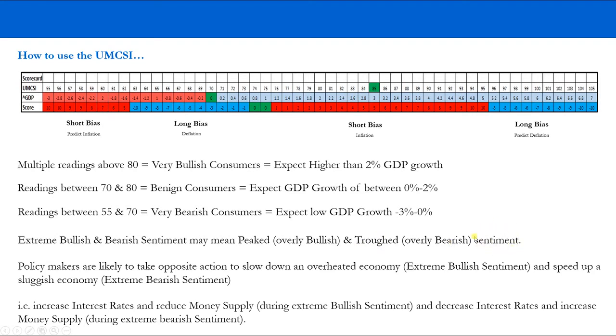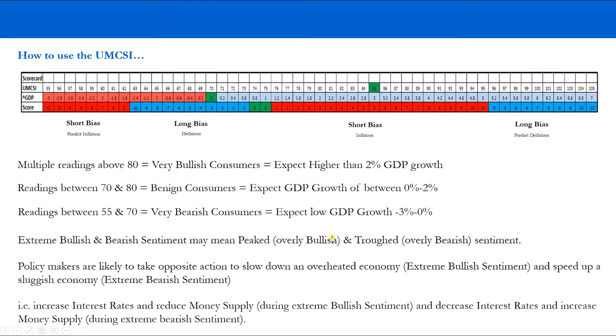So sentiment from consumers being overly bullish or overly bearish. And this is a good example of how you've got to think differently in the extremes. So similar to the way the ISM and the NMI works. Policymakers in the future, when they see this, they're more likely to take the opposite action to what they're seeing in the extreme circumstances.